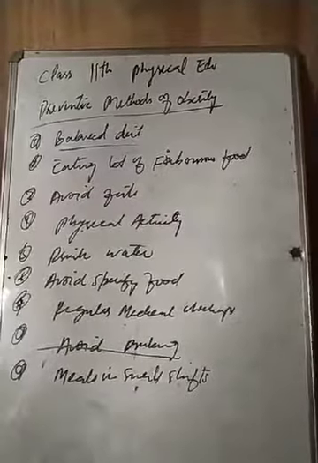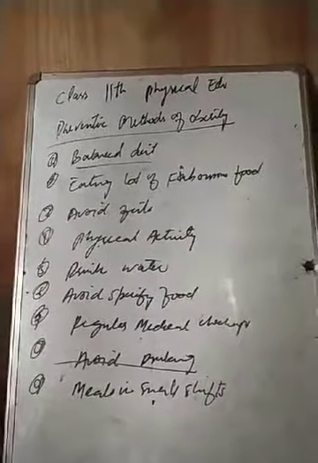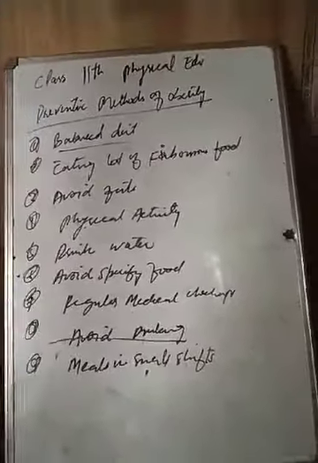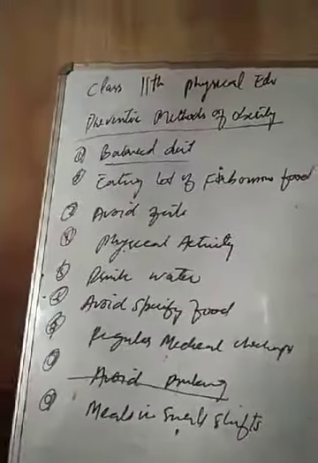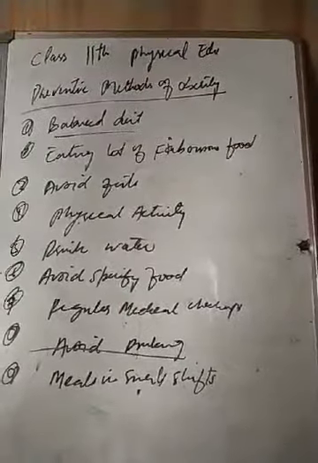We should do proper physical activity, proper exercise, proper workouts, so that we expend the intake calories. जो हम intake calories करते हैं उसको properly हम utilize करें. If we do not properly utilize the calories we take, if we do not do activity, then there will be growth of adipose tissue.